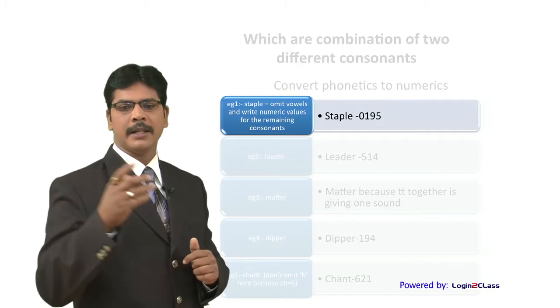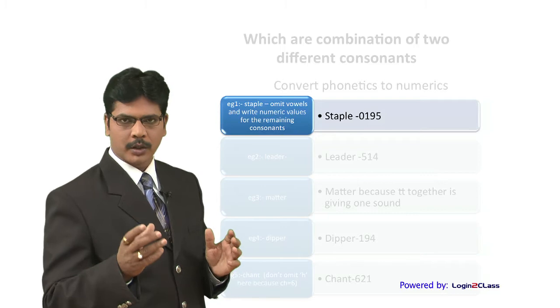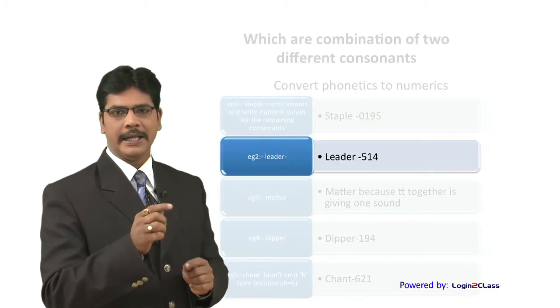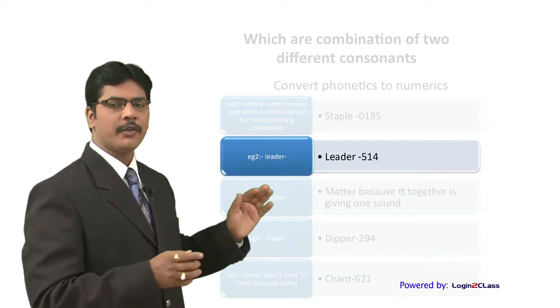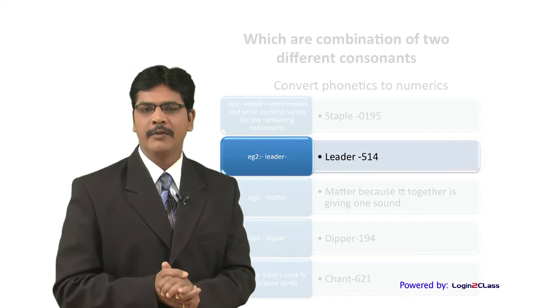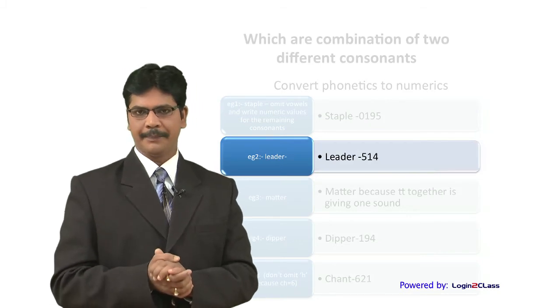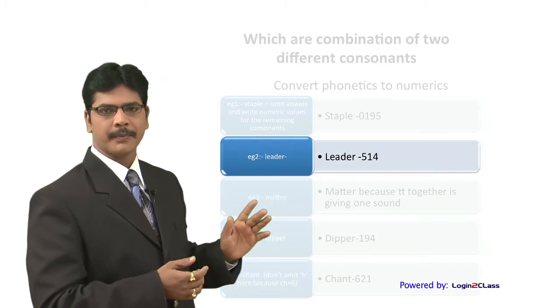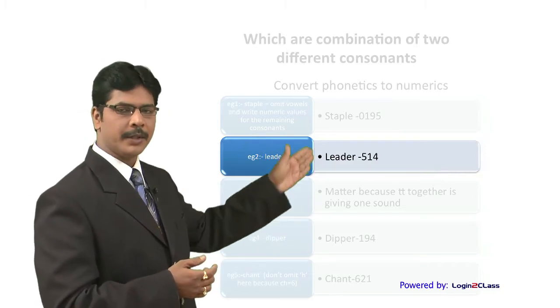Okay? Similarly, let's take one more word, something like leader. L-E-A-D-E-R. From this word, you've got to omit the vowels and the invalid letters. So, L-E-A-D-E-R, E and A are vowels, so omit them. Again, E is a vowel, omit it.